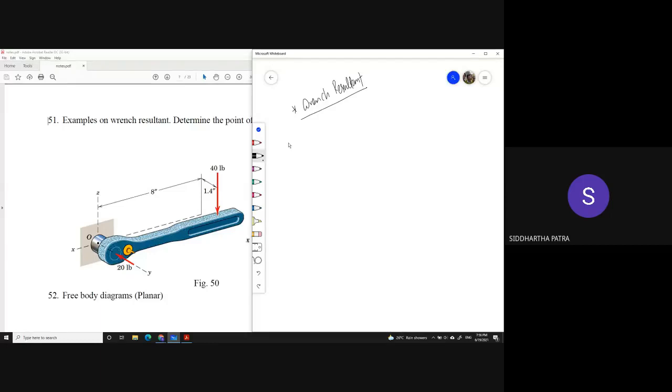So the first job is to get the equivalent force system about O. The topic is wrench resultant, and we literally got a spanner in action, which is some form of wrench, so that we can identify with the problem through the naming of it.